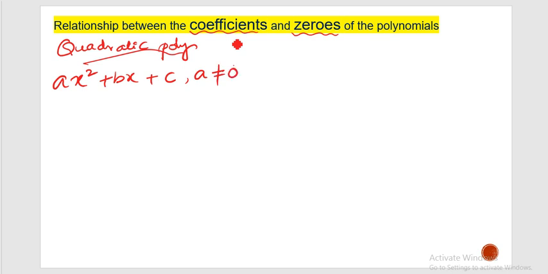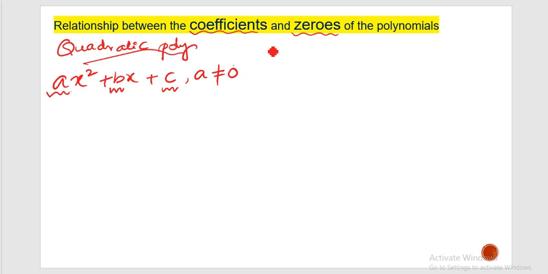Now if you observe, the coefficient of x square is a, the coefficient of x is b, and the constant term is c. You need to remember this. Coefficient means the constant which is being multiplied with the given variable term.